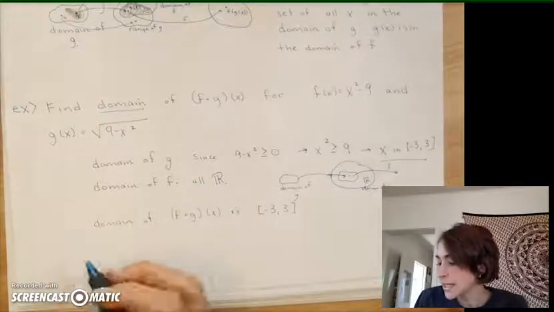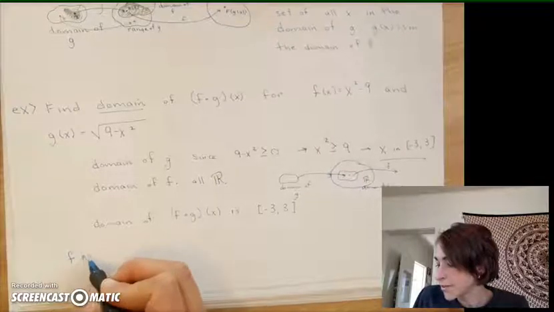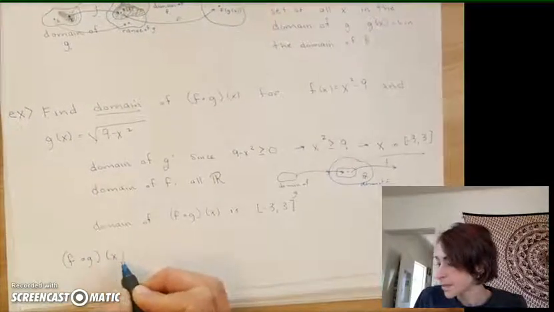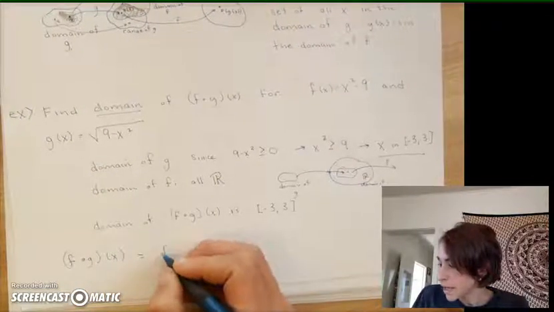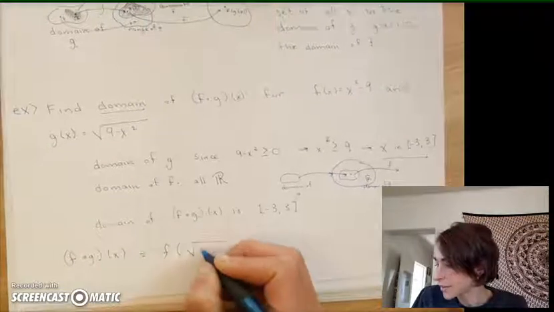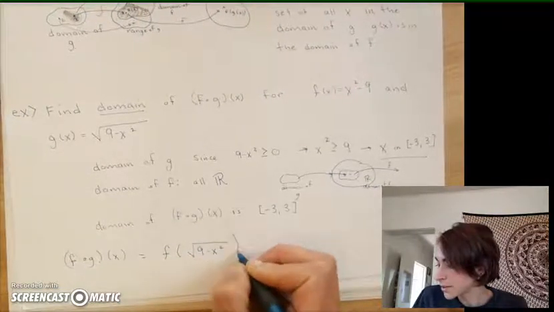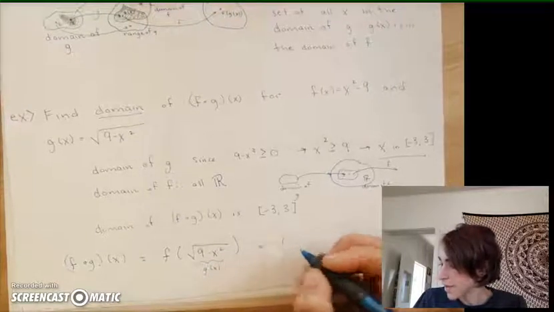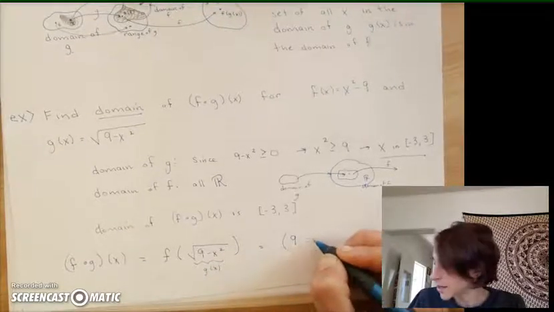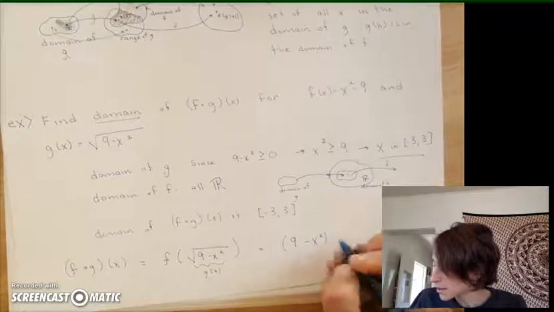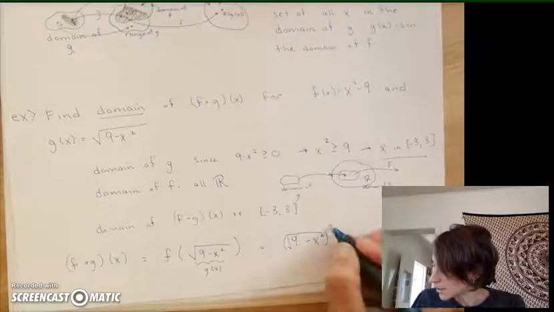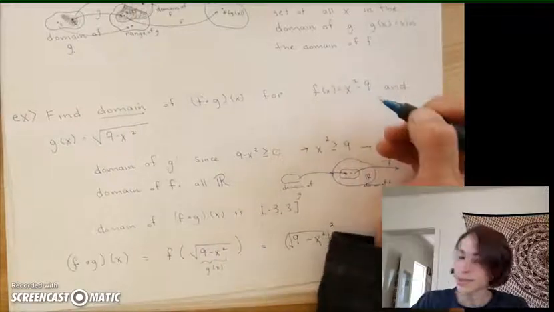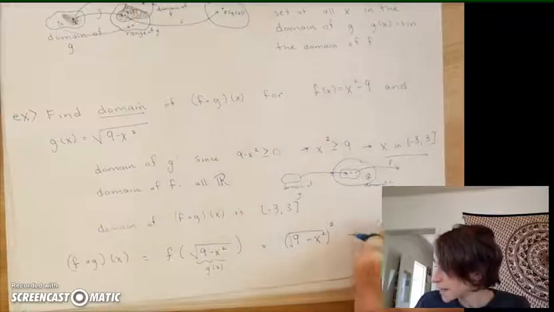But just for fun, let's actually compute f of g of x. I'm doing f of the square root of 9 minus x squared, because this part is g of x, and so that gets plugged in for the x. So I get the square root of 9 minus x squared, squared, because I'm plugging it into f, minus 9.